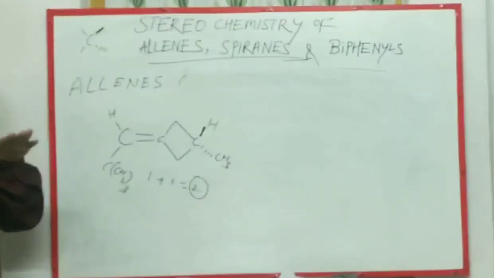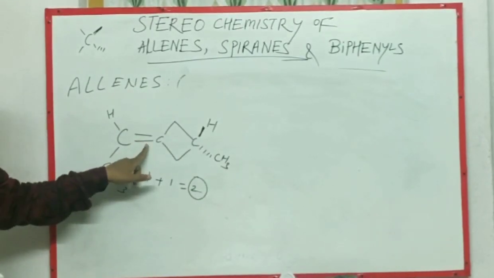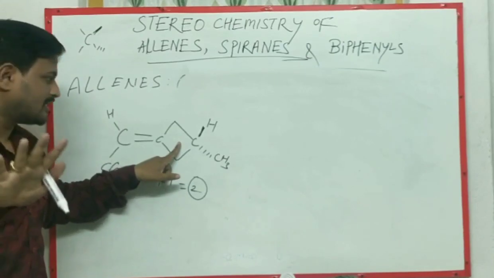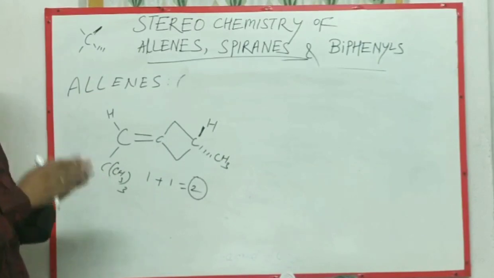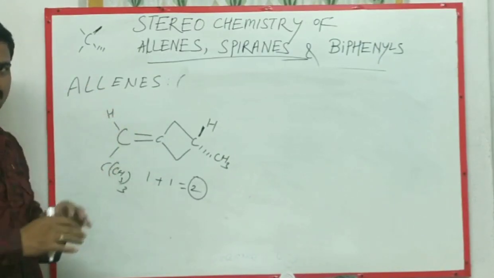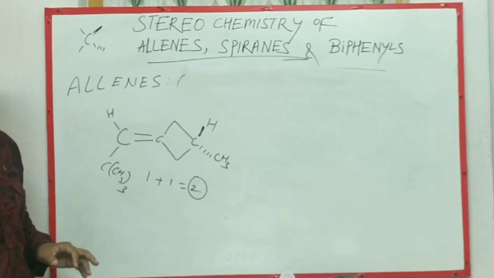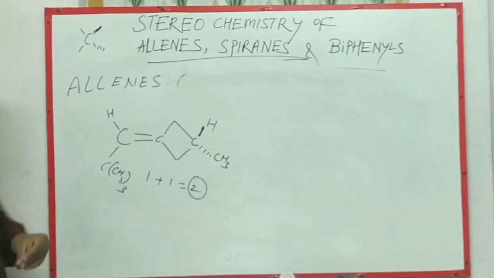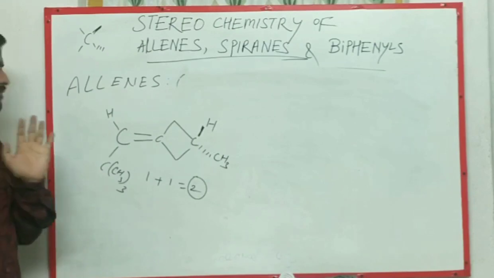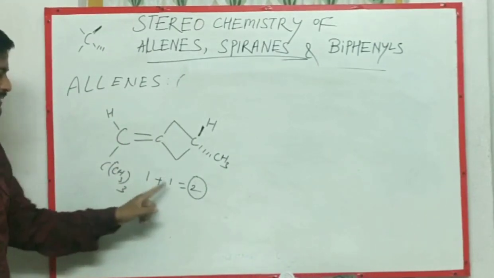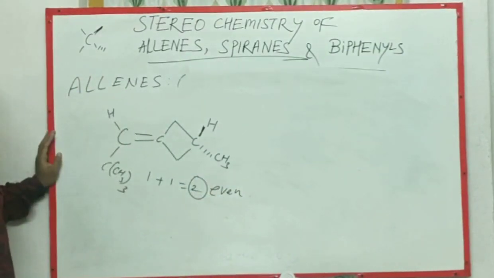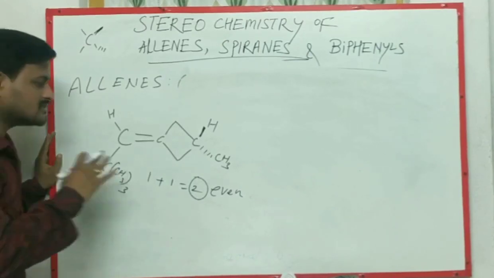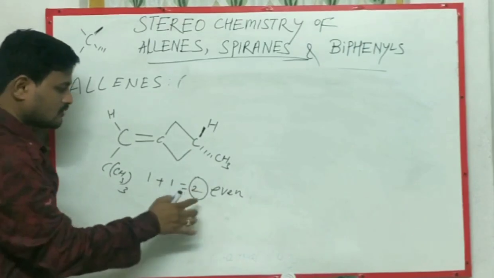Instead of double bonds, a 4-membered, 5-membered or 6-membered ring exists in that place, acting as allenes. Then here, even number or odd number? Here one double bond, one ring, 1 plus 1, 2, even number.